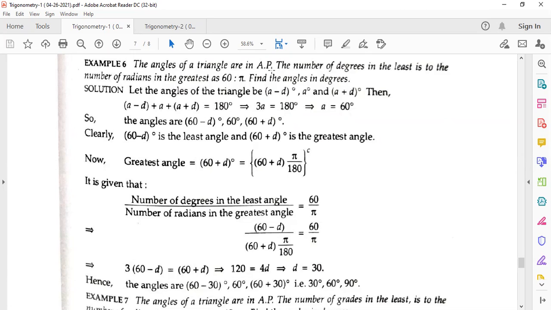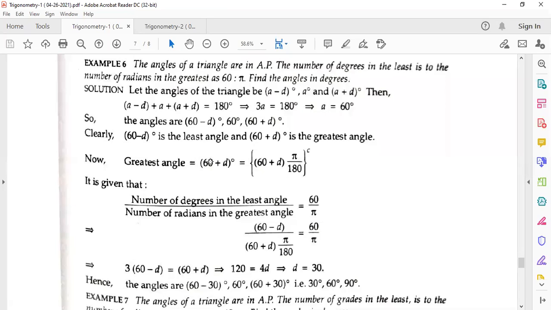So greatest angle 60 plus d, at first we have to change it into the radian, 60 plus d into pi by 180. Because it is given that the number of the degree in the least is to the number of the radians in the greatest.